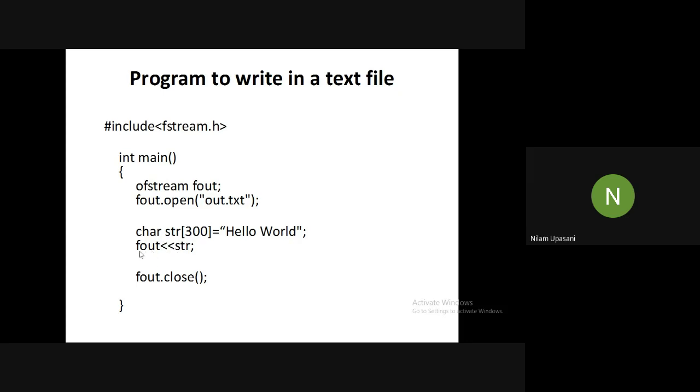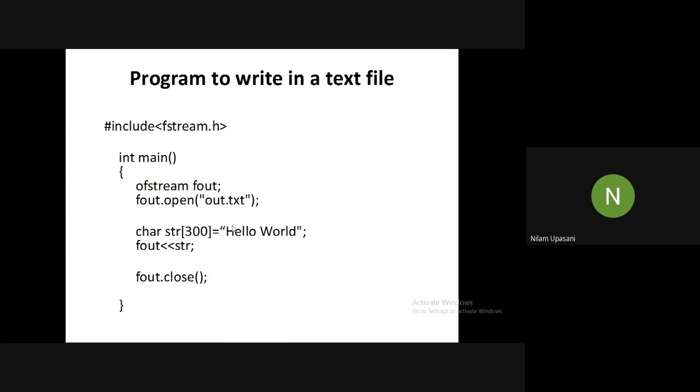With cout also we write the data in a similar manner, with this insertion operator. So instead of cout, now I'll use the fout object of type ofstream. Whatever data you want to put, you can separate it using this insertion operator. So this data will be inserted in this particular file. This data will go into this file.